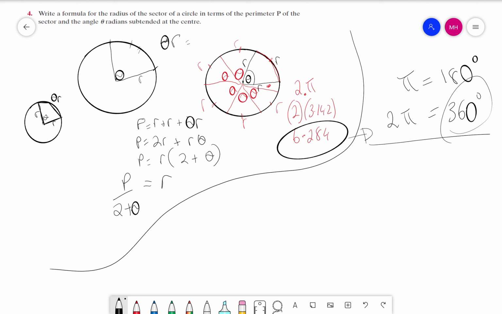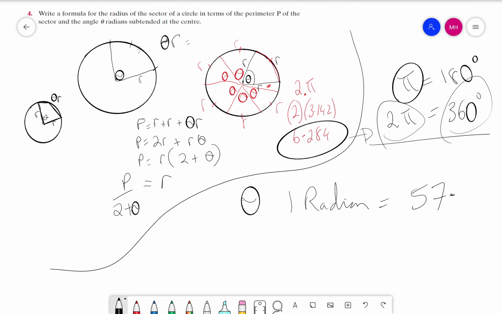When you're dealing with radians, multiplying by this number will give you 180 degrees, and multiplying by that number will give you 360. Every radian is roughly 57 point something degrees, roughly, okay?